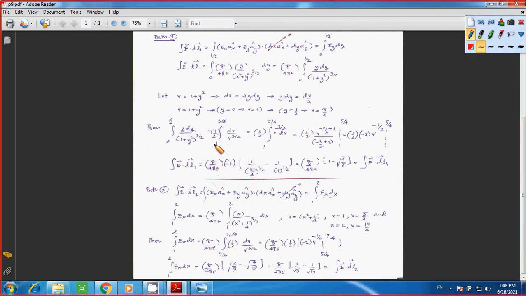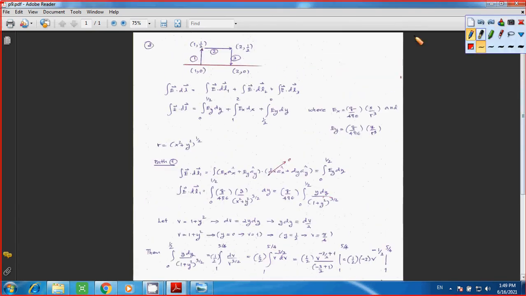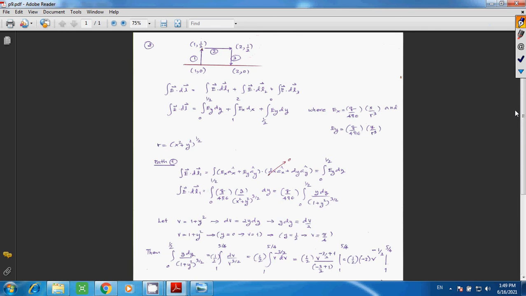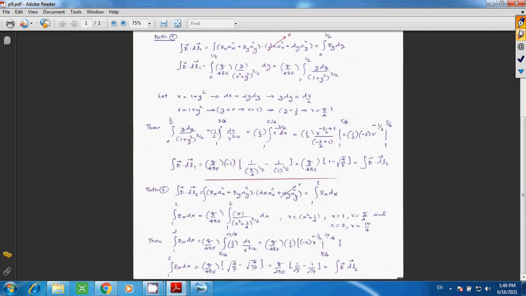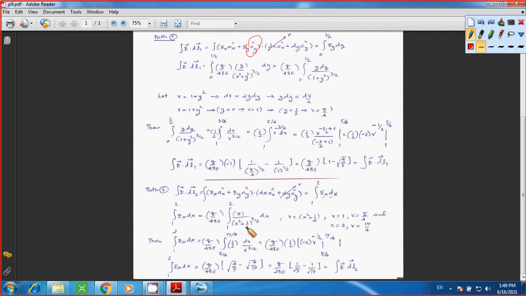And I do the same thing. Let v equal to x squared plus 1 over 4, because now your y equal to what? 1 over 2, right? Because you want to do the integration along this path when y is constant, and that's equal to 1 over 2. So you put y as the 1 over 2. And that y squared gives you 1 over 4.